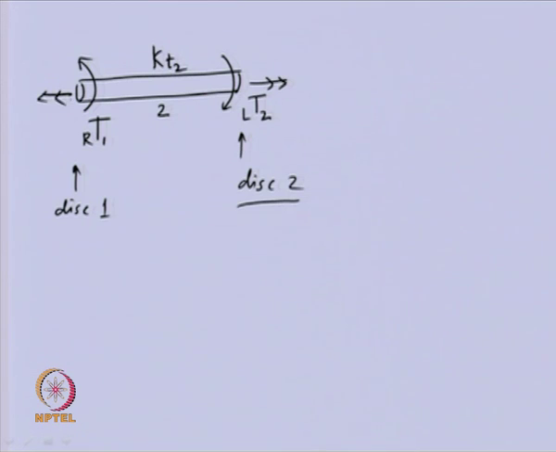Apart from the torque, the field variables include the displacement. Here we will have displacement of disk 1, that is right side, and here displacement of disk 2 left side.